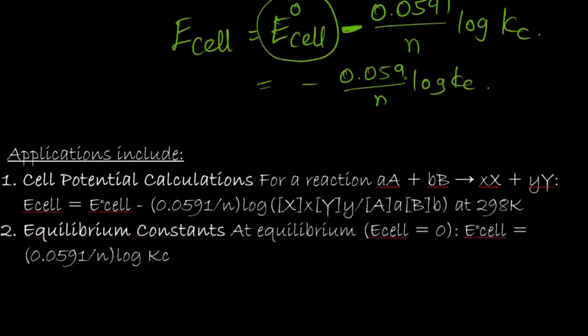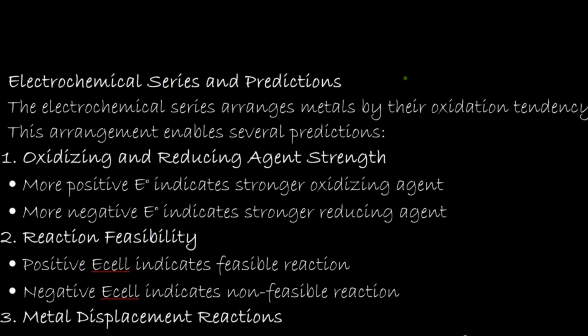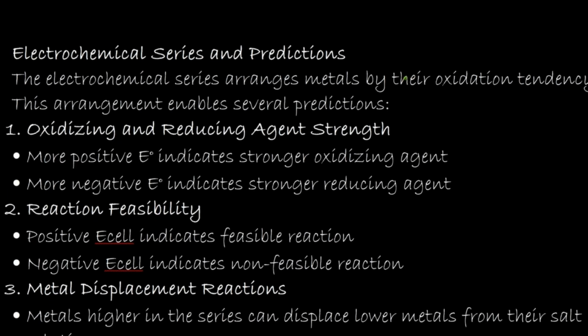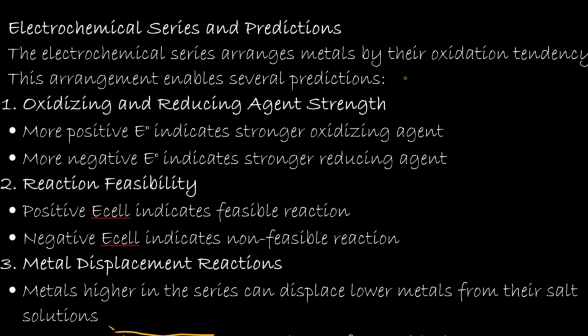Then we are moving on to the application part. How we can predict whether the reaction is feasible or not, spontaneous or not. The first thing is oxidizing and reducing agent strength. More positive E naught indicates a stronger oxidizing agent. More negative indicates a stronger reducing agent.